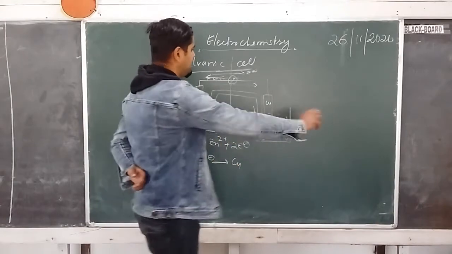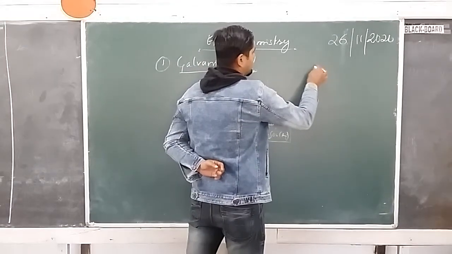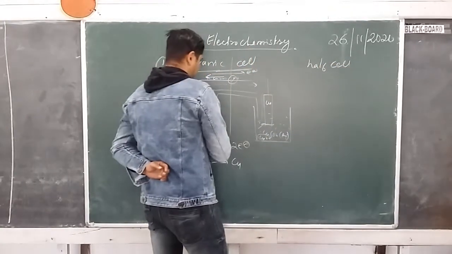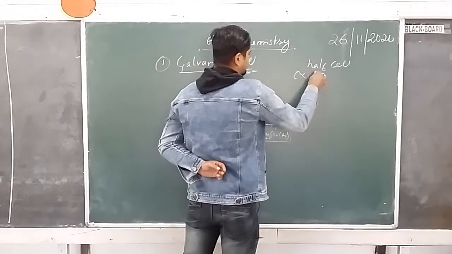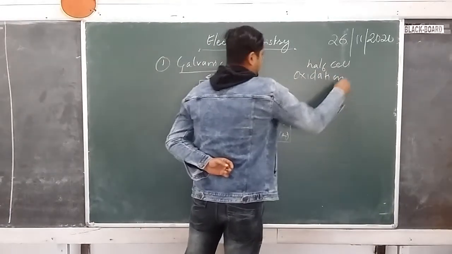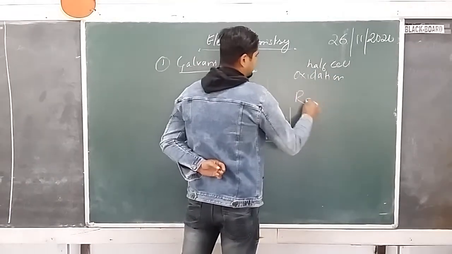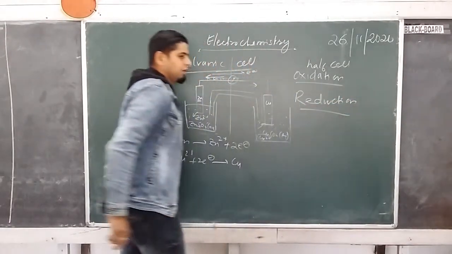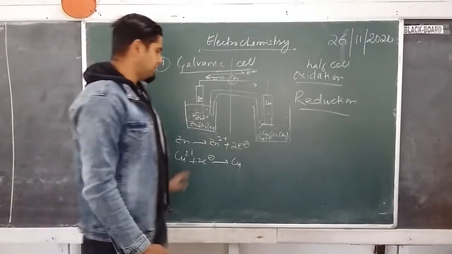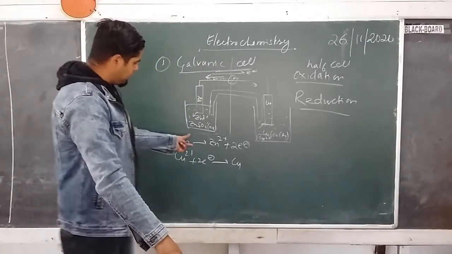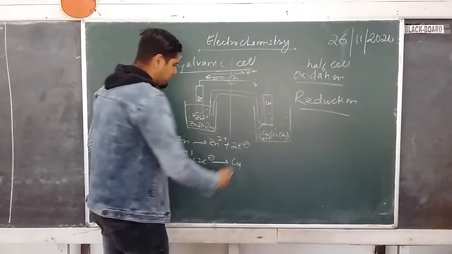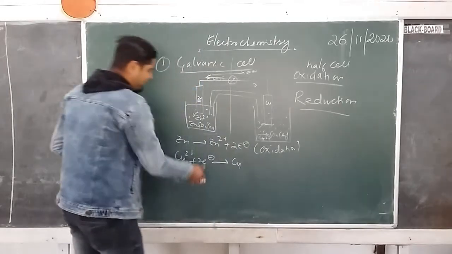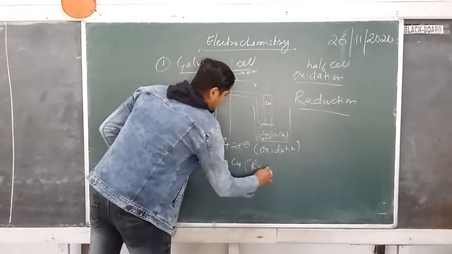So in a galvanic cell, there are two types of reaction, or you can call it half cell. First, the oxidation half and second, the reduction half. As you can easily understand, removal of electron is the oxidation half, and here addition of electrons, so this is the reduction half.